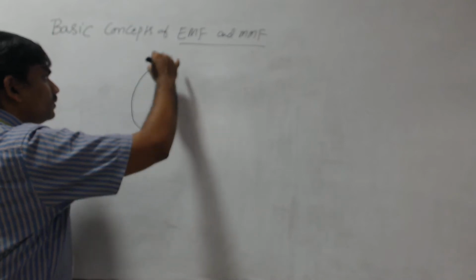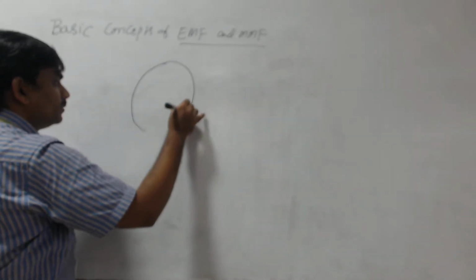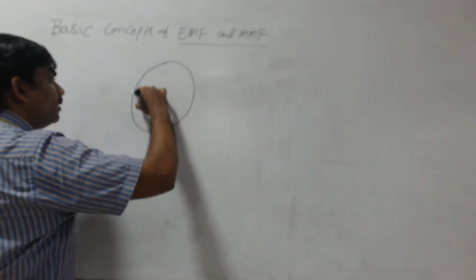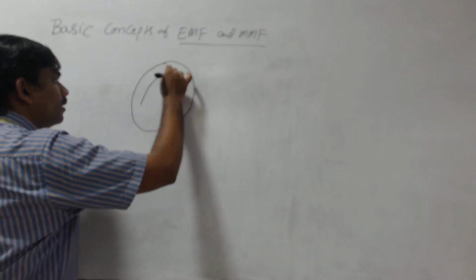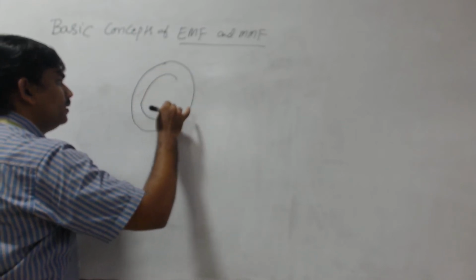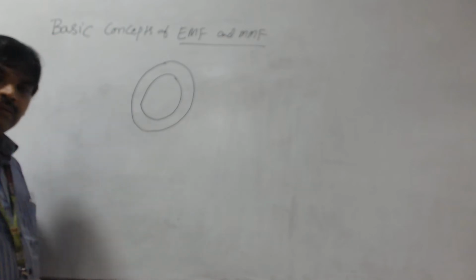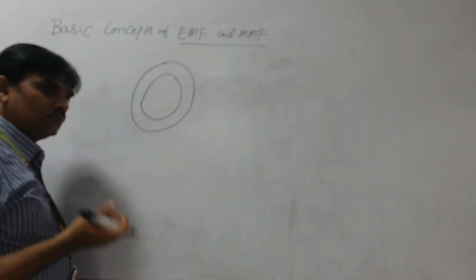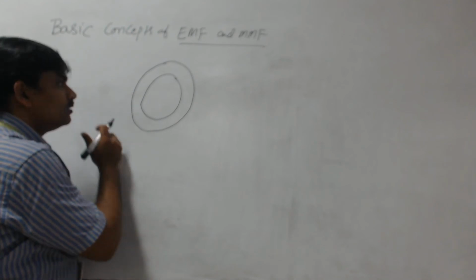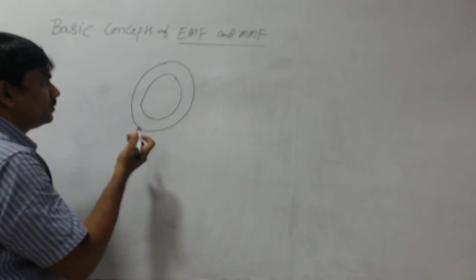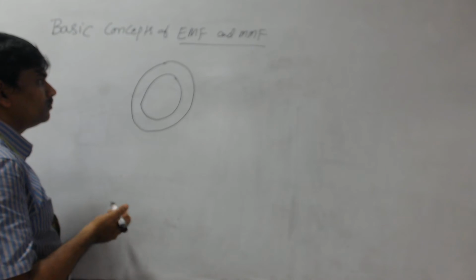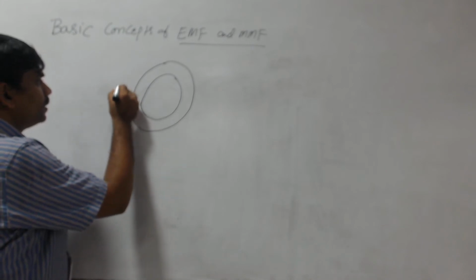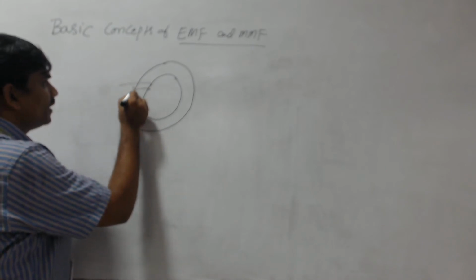You take a magnetic material, a toroid, a cylindrical ring, a closed path. This may be silicon steel, whatever it may be, a ferromagnetic material. We wound some winding here.